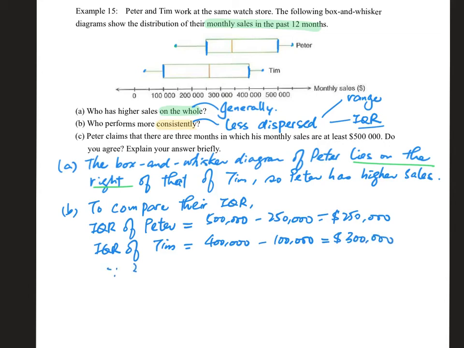Now you can do a simple comparison, in which Tim's is greater than Peter's. That means Tim's sales is generally more dispersed. On the contrary, we will say Peter is more consistent, more stable, in other words.